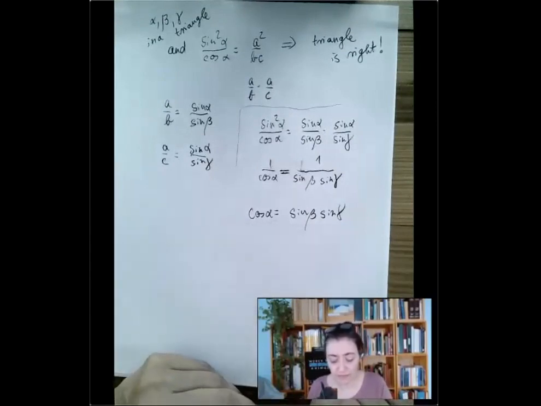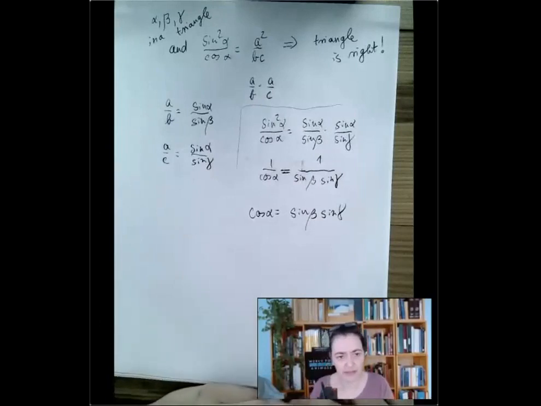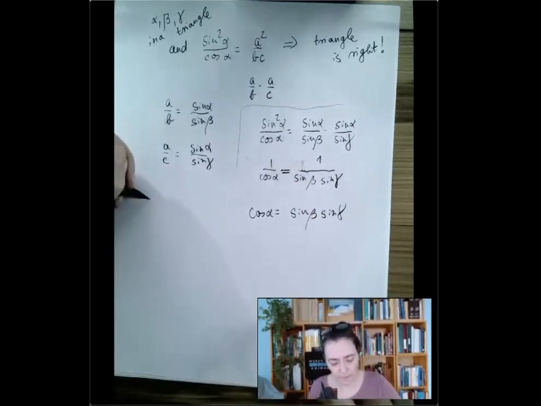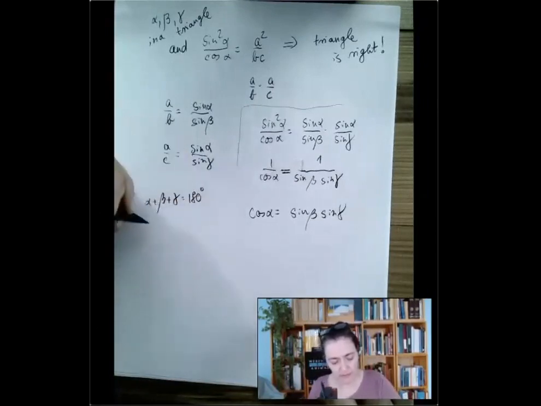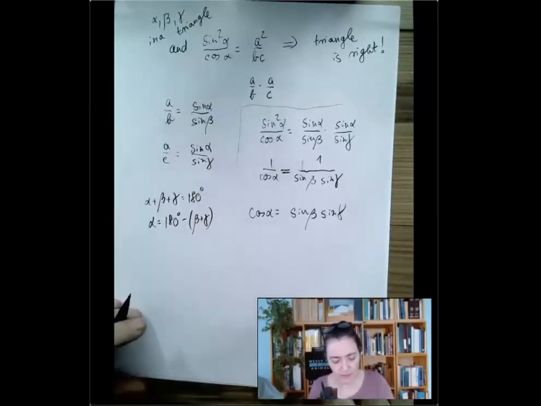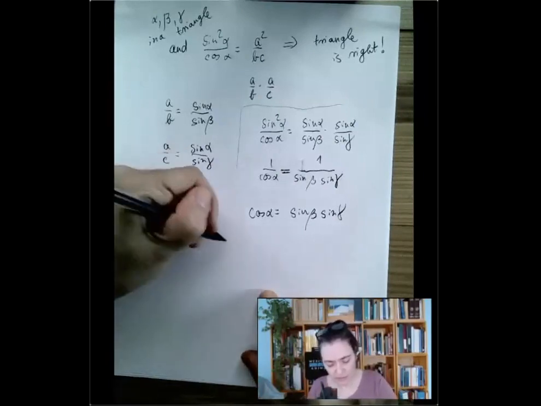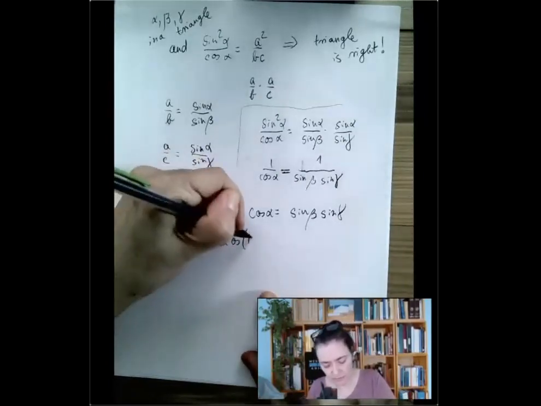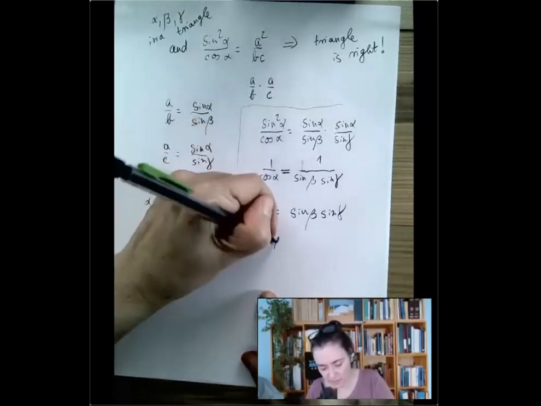So we have to prove that this triangle is a right triangle, but we haven't used the fact that these three angles are in a triangle. So if alpha plus beta plus gamma equals 180, then alpha is 180 minus beta plus gamma. And so we can rewrite the left-hand side, cosine of alpha, as cosine of 180 degrees minus beta plus gamma.